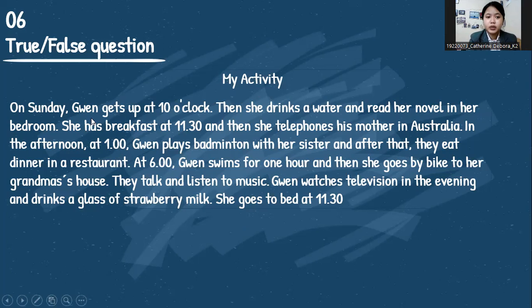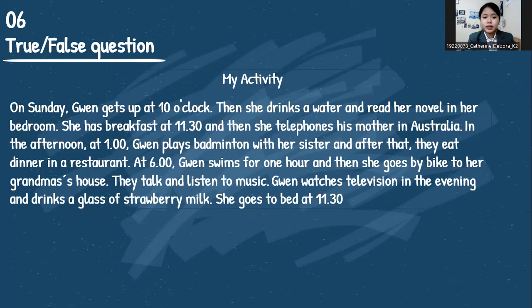On Sunday, Gwen gets up at 8 o'clock. Then she drinks a water and reads her novel in her bedroom. She has breakfast at 11:30 and then she telephones his mother in Australia. In the afternoon at 1 o'clock, Gwen plays badminton with her sister, and after that, they eat dinner in a restaurant.